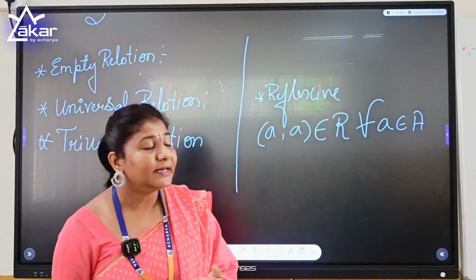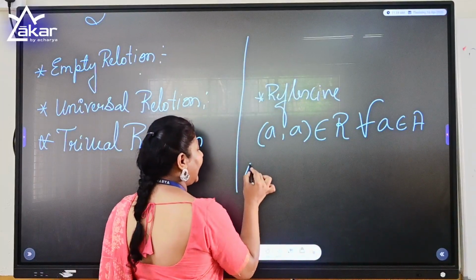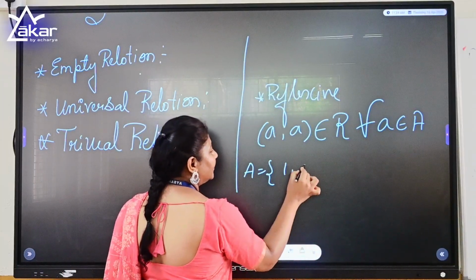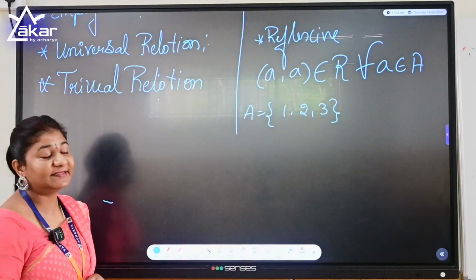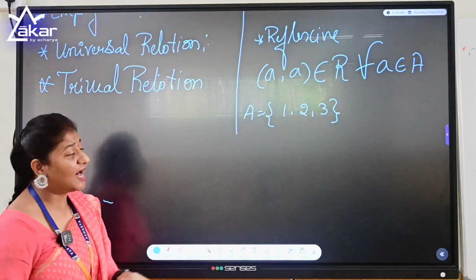For example, let us take A as the set {1, 2, 3}. Let us define some R here.